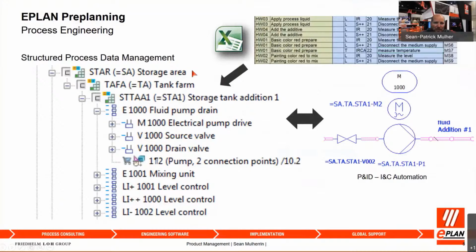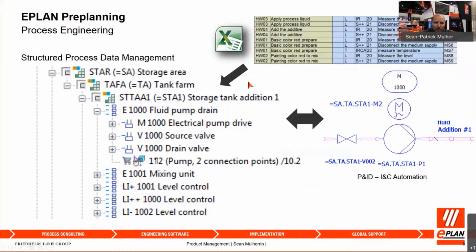And you can see here you have your storage area, tank farm, storage tank edition 1, you've got your pumps, you've got your valves, you've got your level controllers, you've got your level indicators with alarms. So everything can be designed in a structured environment easily and conveniently using your graphical design.